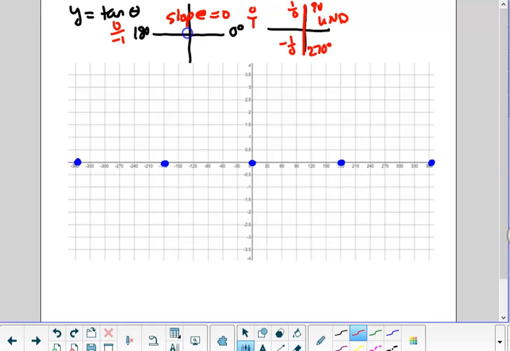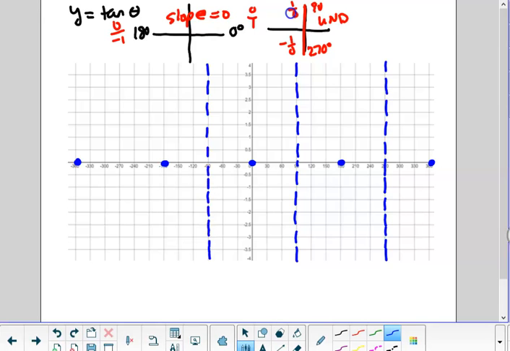At 90 and 270, we're going to have asymptotes because there is no tangent value. If we go backwards, negative 90 and negative 270, same thing. The coterminal angles will have the same tangent value. So those are our asymptotes, in between the zeros.